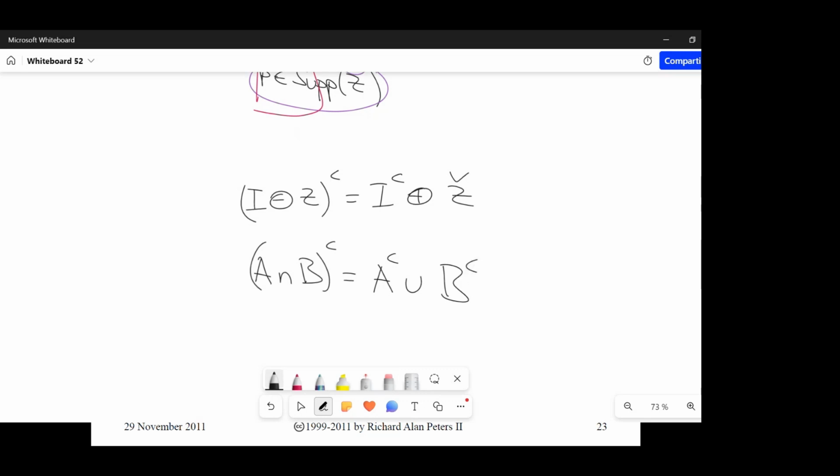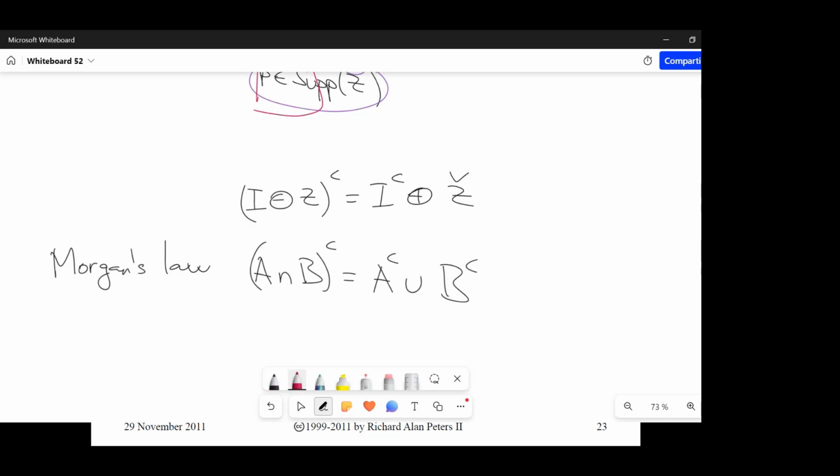How is this called? This is a general property of sets. Let's look at it.